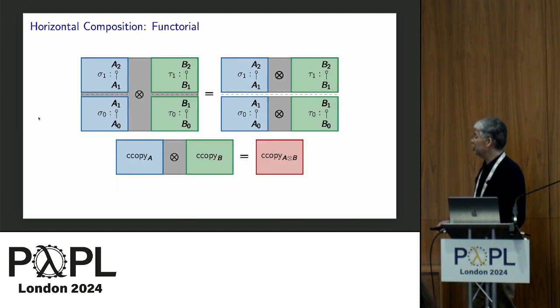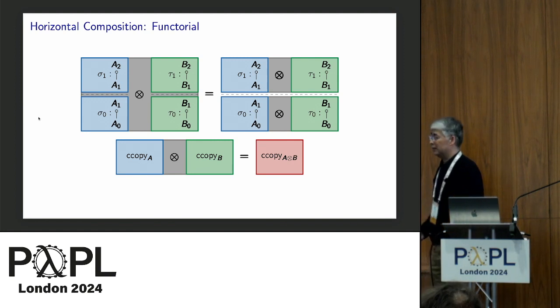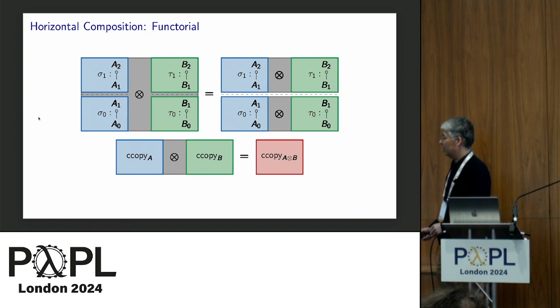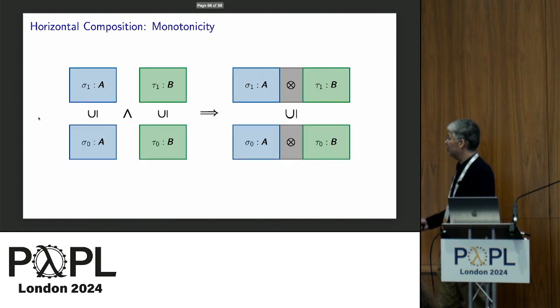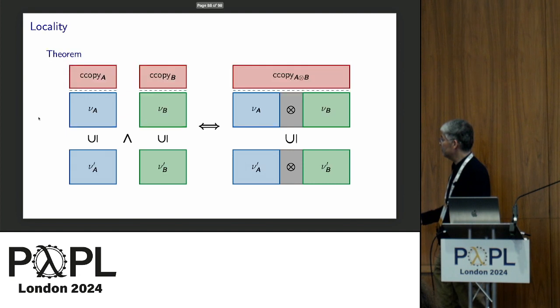You can show that this tensor is functorial, and you can prove a concurrent copycat equivalence: C copy A tensor C copy B is C copy over A tensor B, all the right properties. You can use the monotonicity property to prove this, and auto-isomorphism to prove the reverse direction.